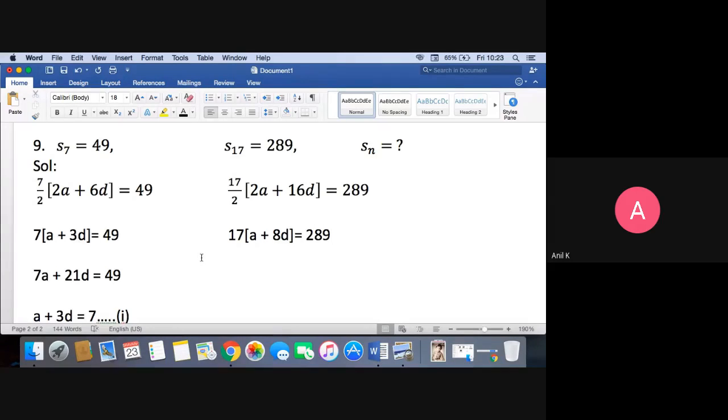289. So next step what I do here is I'll send 17 to the right hand side. So it will come a plus 8d is equal to 289 upon 17.